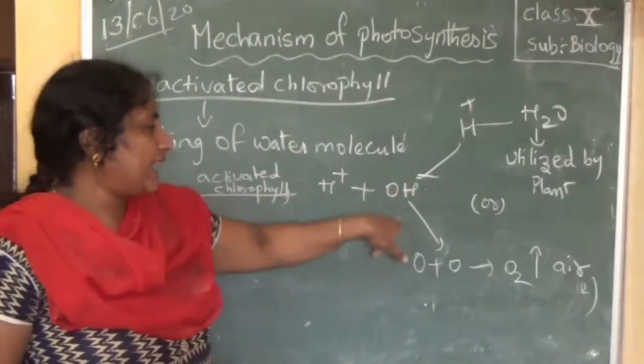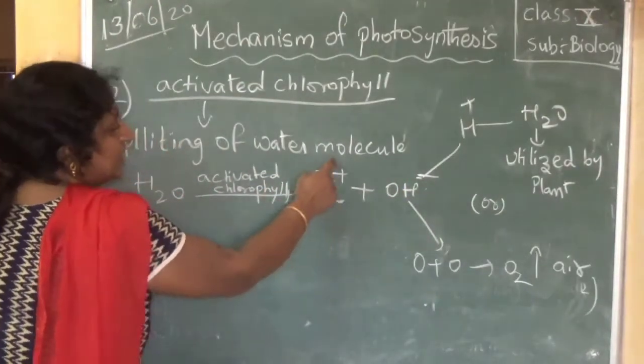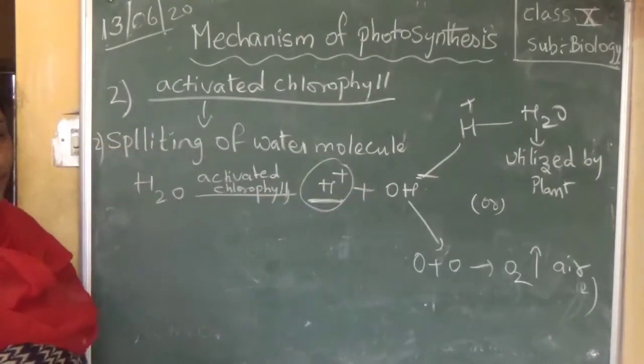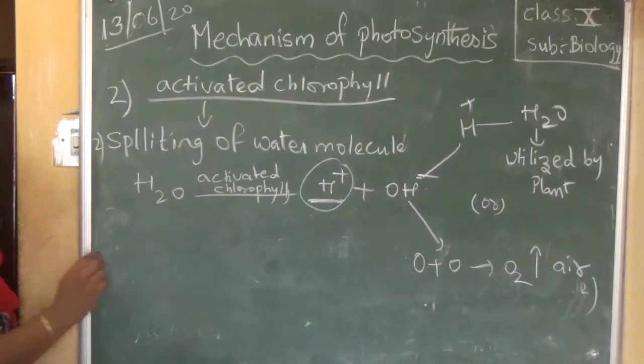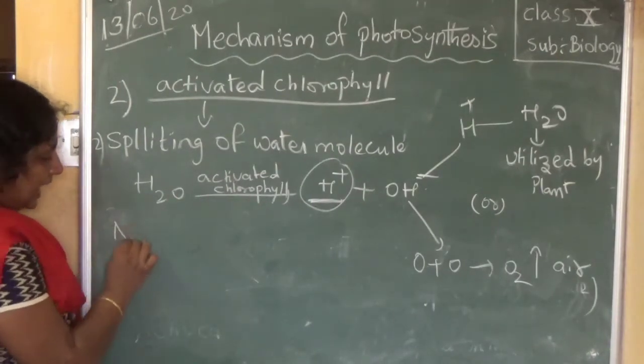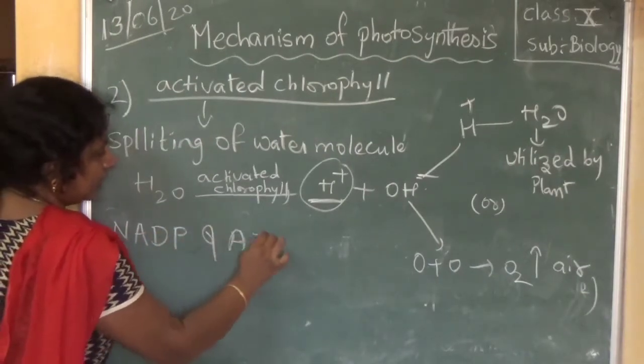This is the fate of OH ion. Then what is the fate of H plus? This is very important. This H plus is very important in the photosynthesis reaction. So before going to the third step, let us know what is NADP and ATP.